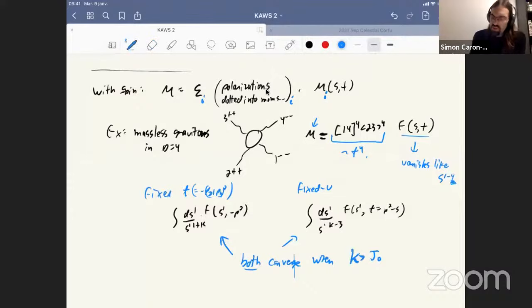So in our work, and I think it's a good convention, we label some rules not by number of subtractions, but by how well they converge.